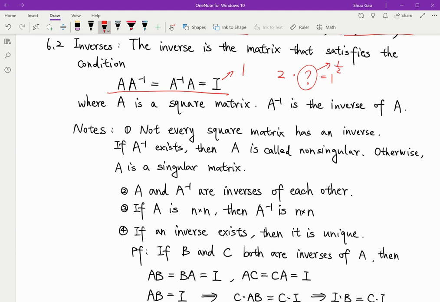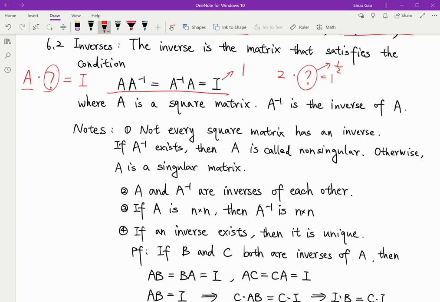So this is the concept of inverse in the number algebra. But in matrix algebra, it's something similar. Given matrix A, we need to find another matrix such that when matrix A is multiplied by this matrix, the result is an identity matrix.